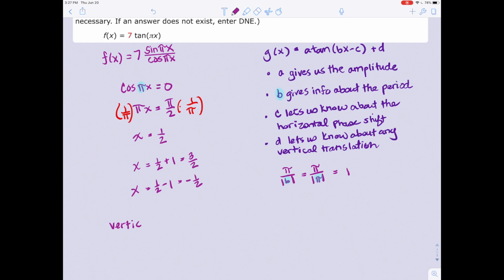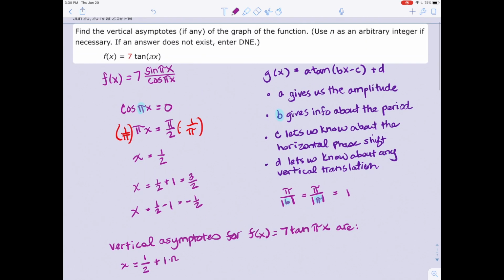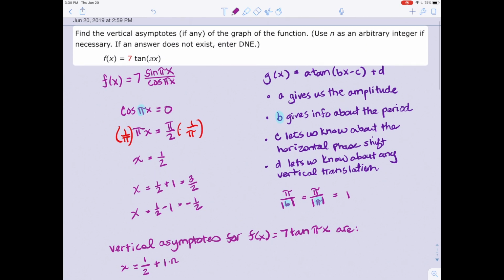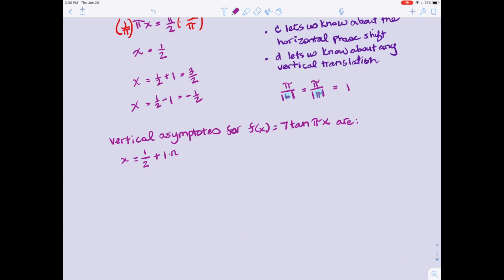The vertical asymptotes for f of x, 7 times tangent of pi x, are x equal to 1/2 plus 1 times n, where n, they already said we could use n as an arbitrary integer, and that'll give us all of our values that we need.